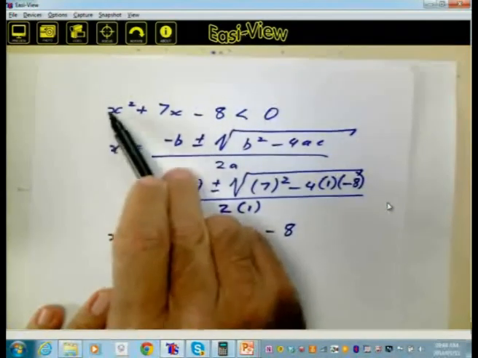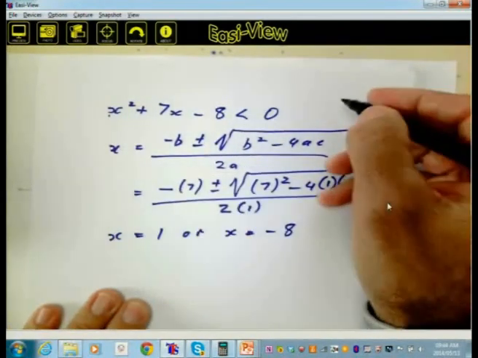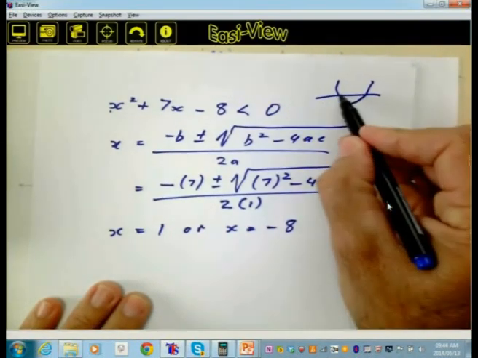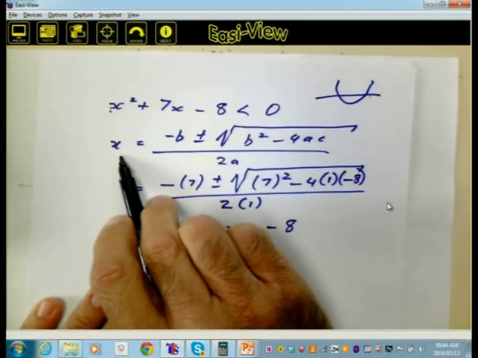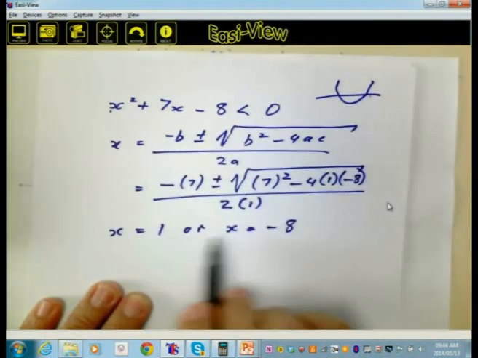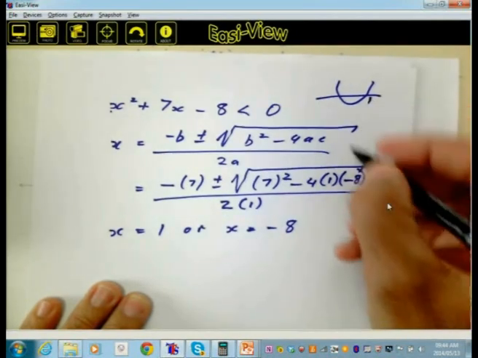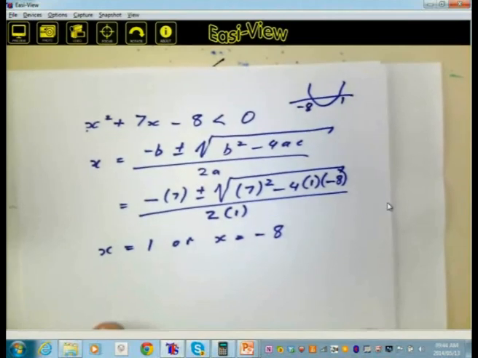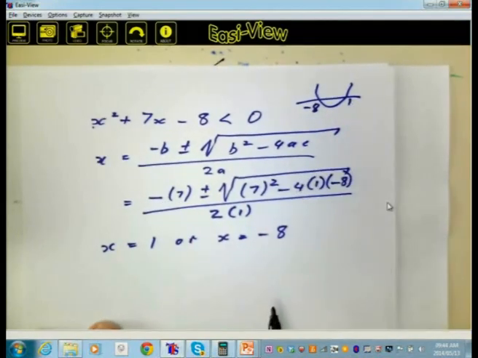We can see that this is a positive graph. So in other words, that graph will smile. What is those values there? We've worked out x, where x will equal 0. Remember, x equals 0 at these points. So that point will be 1, and that will be minus 8. Can you see that there? 1 and minus 8.